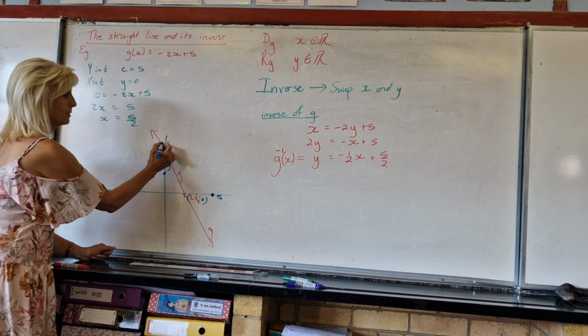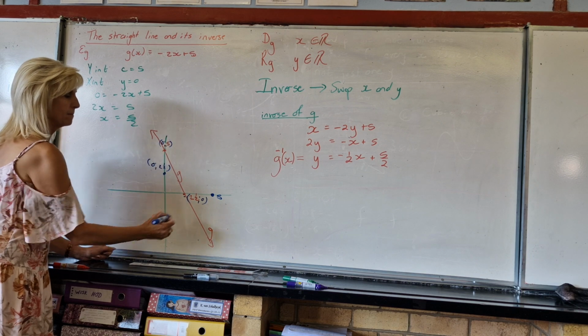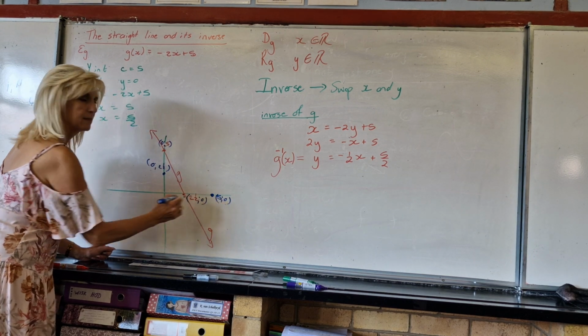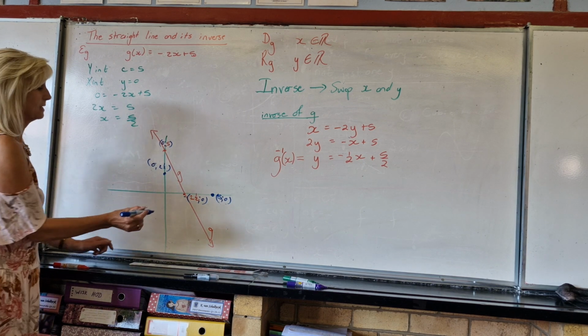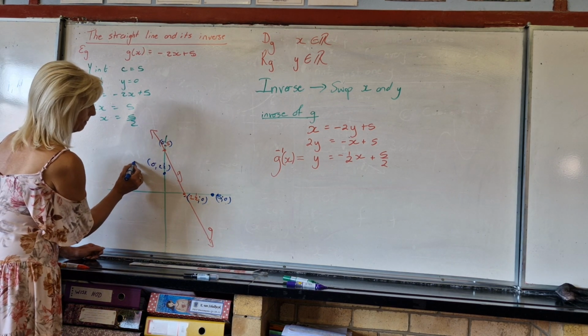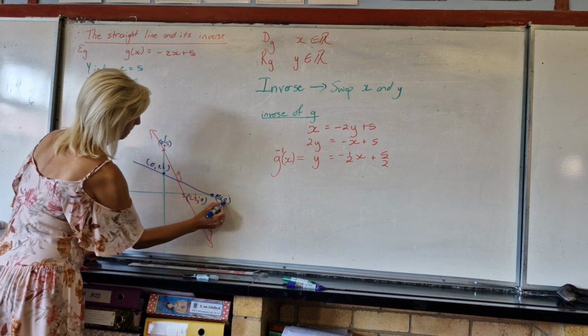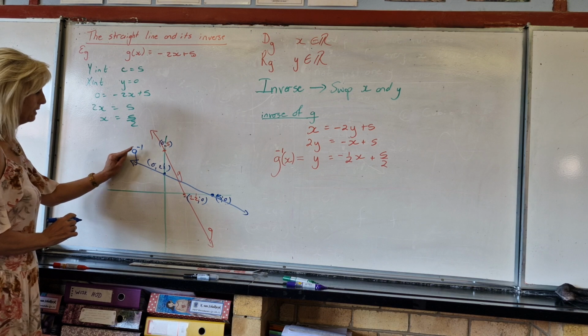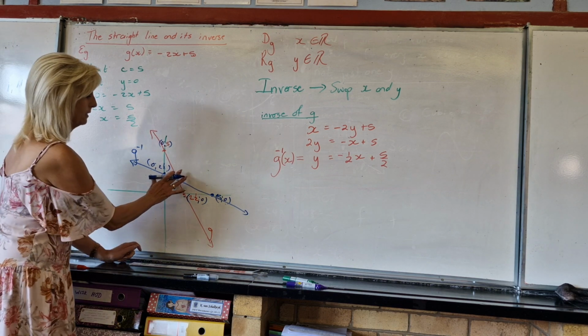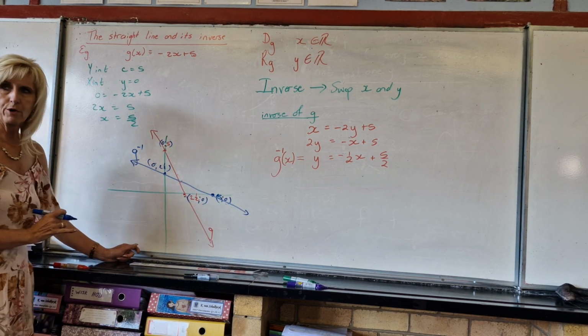This one used to be (0, 5). Now it's become (5, 0). X has become the y and the y has become the x. Let's sketch that. And we have g minus 1, the inverse, where we have g. Are you with me, everybody?